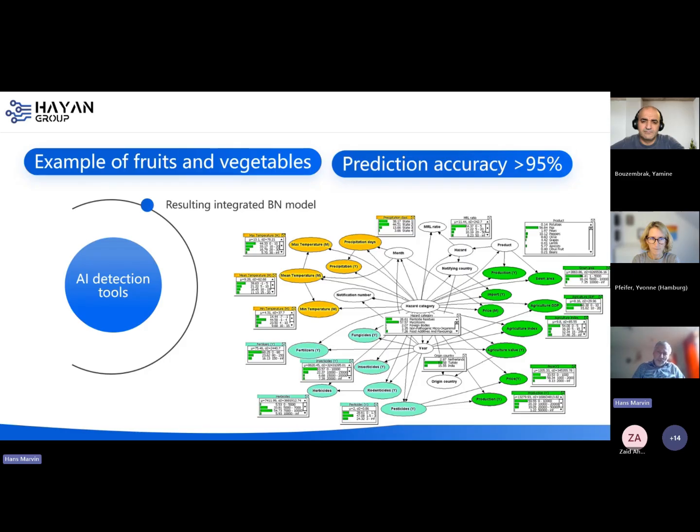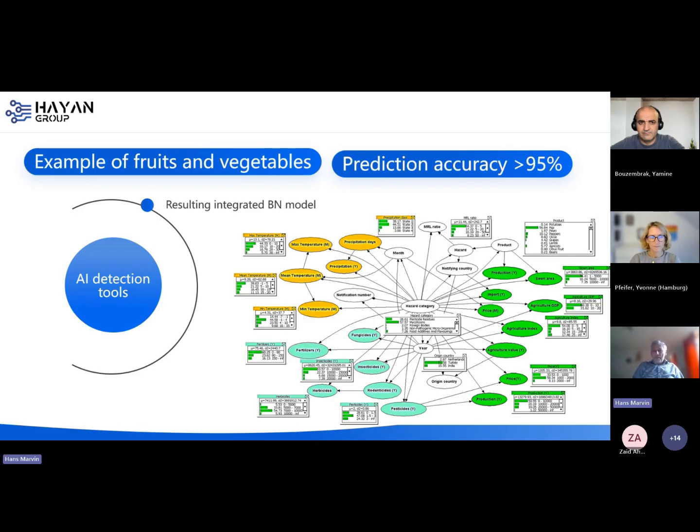Of course, this Bayes network was modeled based on historical data, but it has shown that it remains highly accurate also for future contaminations, which can be tested after the model has been developed, with data that is not within the Bayes network model.